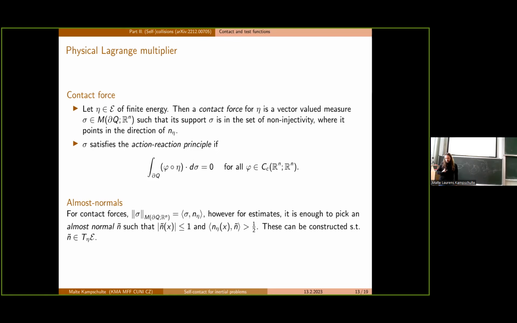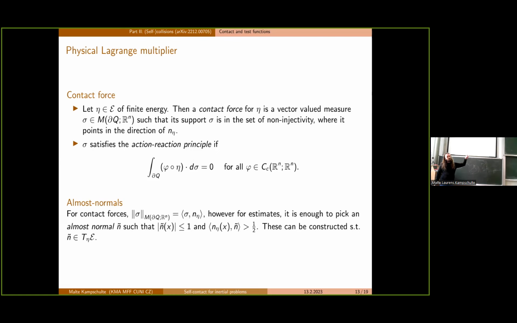The problem is that initially you don't know it's a measure. It's just some distribution, which, if the deformation is of order 2, with two derivatives, will be the dual because it kind of comes from there. And so it's a distribution of order -2.